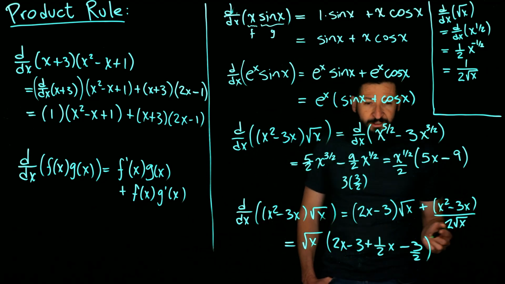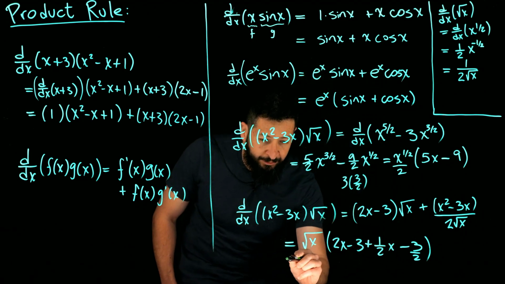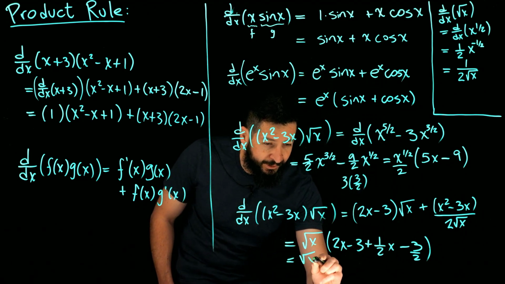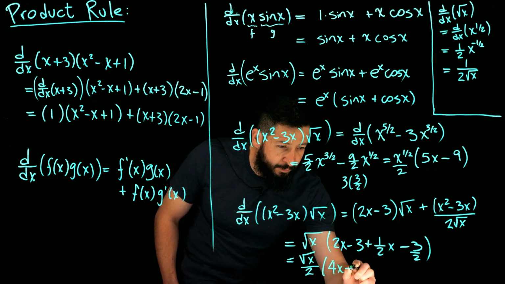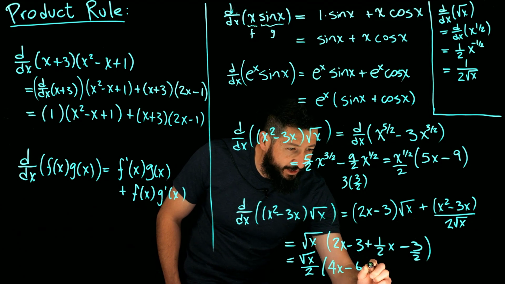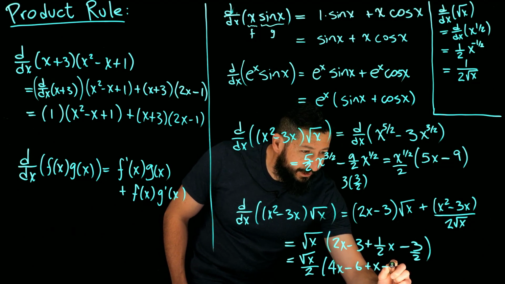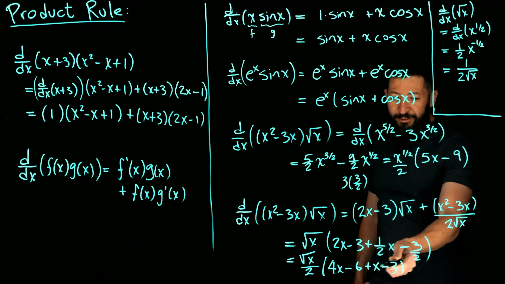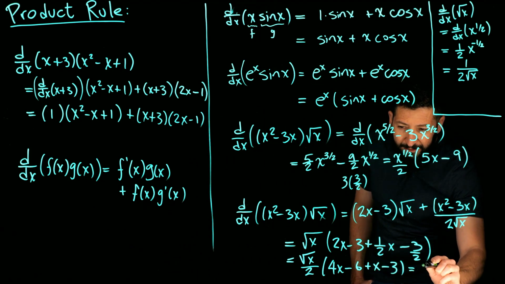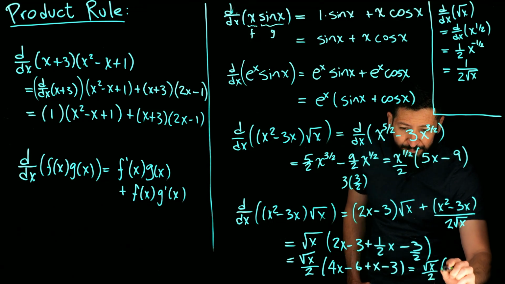All right, so now it is just a matter of getting a 1/2 common factor out of here. So this one comes out with a 4x minus 6 plus, in this case, an x, and then minus 3. So we're going to have your 5x minus 9. Am I fitting that there? Yes.